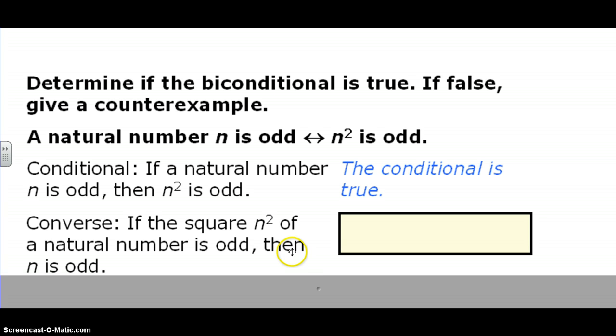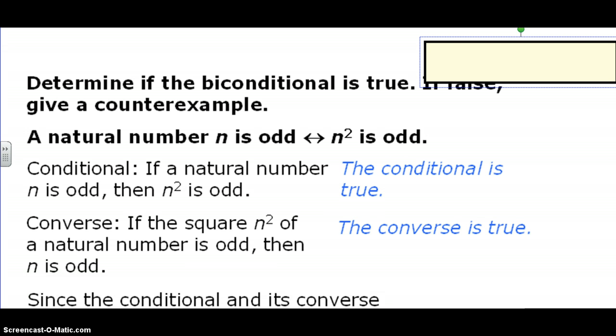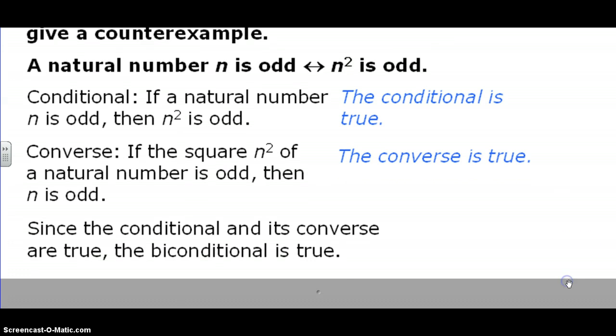Would that perfect square 81, would its square root 9 be odd? Yeah, it seems like it is. What other? Let's say 49. The base of that is 7, which is also odd, right? So it looks like the converse is also true. Okay, so in that case, they're both true. So the biconditional is true in this case.